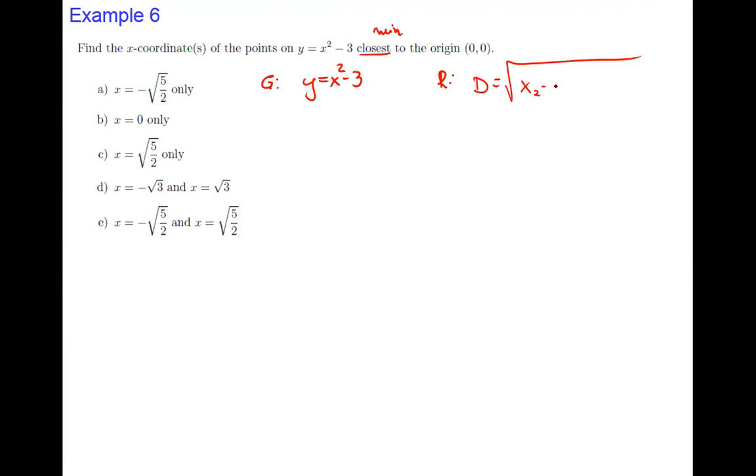Shall I put the formula? Square root of x2 minus x1 squared plus y2 minus y1 squared. But remember, do not focus on the entire formula. Just focus on minimizing or maximizing, depending on what they're asking, the inside value.